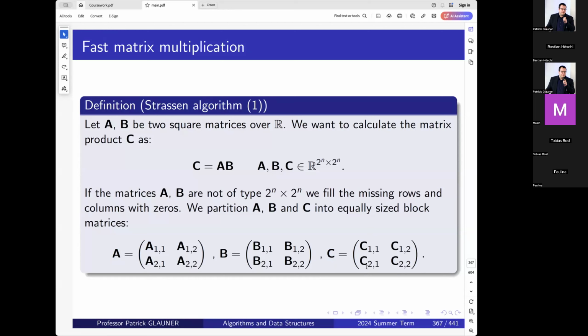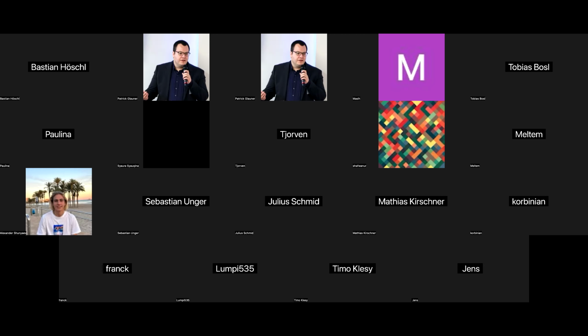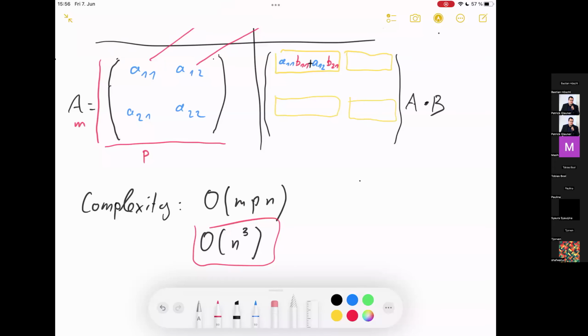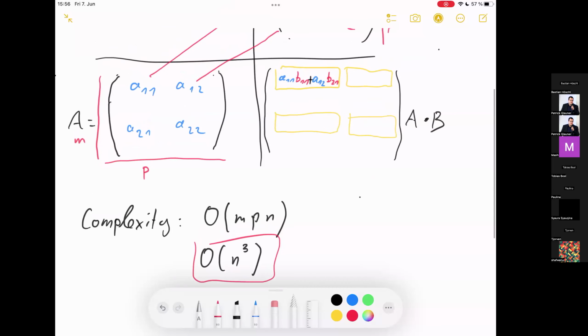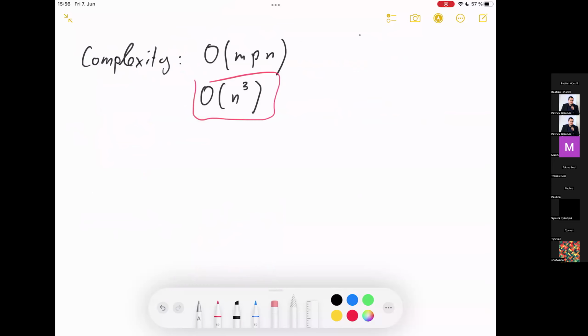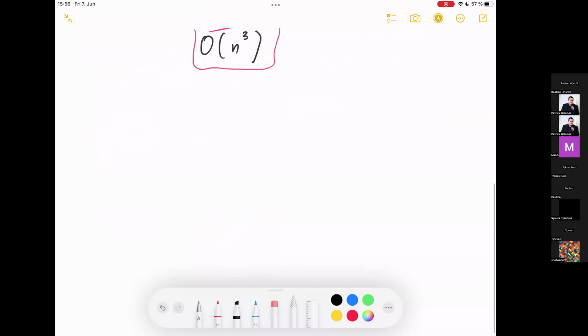And now we are wondering, what is this useful for? And it will take us a little bit to actually make it to the improved complexity. And we will write this out now on the iPad. So I will just write this down for you again, and then we will see what these block matrices are actually useful for.